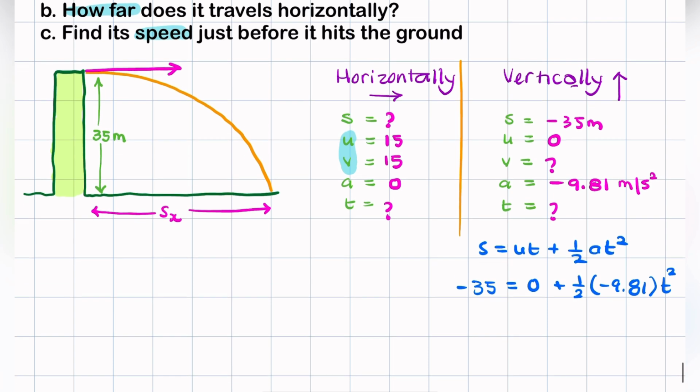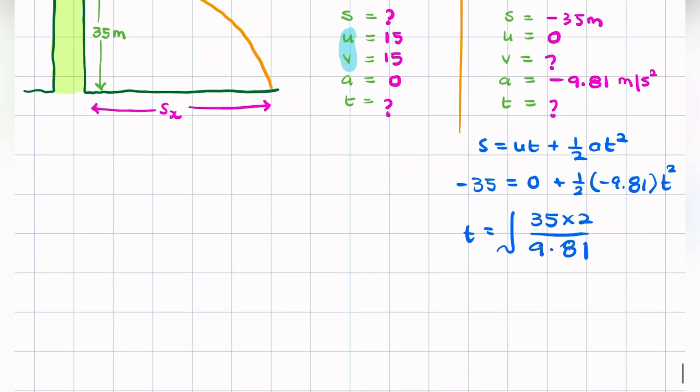So you can say t is the square root of 35 times 2 over 9.81. And that will give you 2.67 seconds.